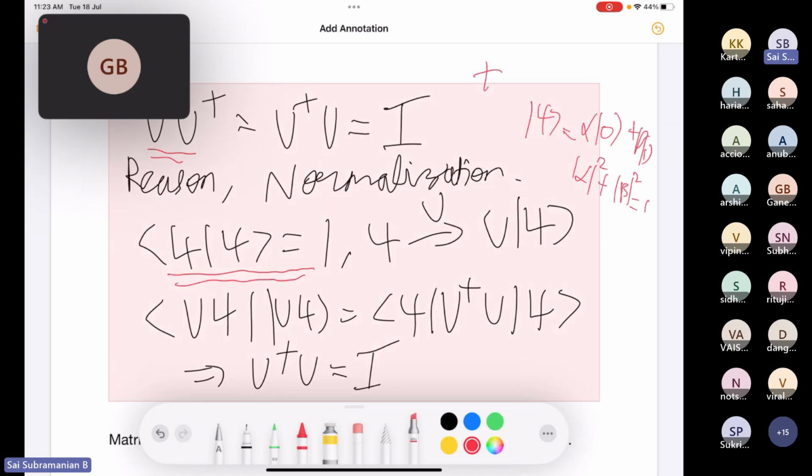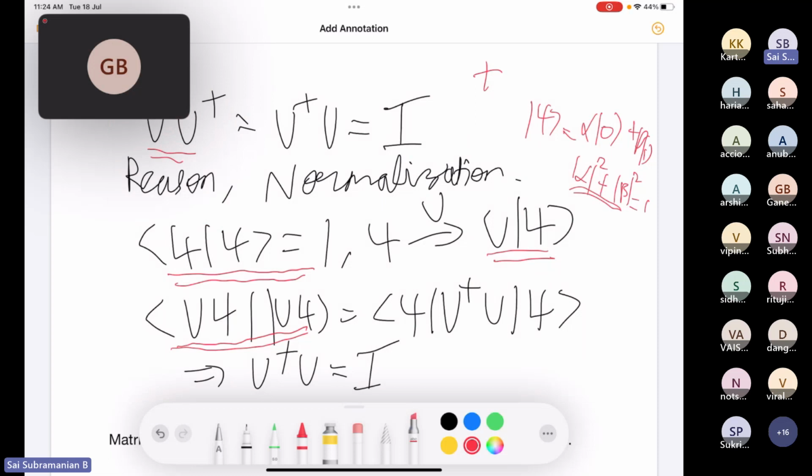The reason we said this is we want the norm of psi to be 1, the inner product of psi with psi to be 1. So now if we do an operation on psi, we take it to a different vector. We want that new vector's magnitude to also be 1. So let's say we operate some unitary operator U on psi, and we get U times psi. We want to take the inner product of U times psi with itself. Basically, we want to find the magnitude of U times psi.